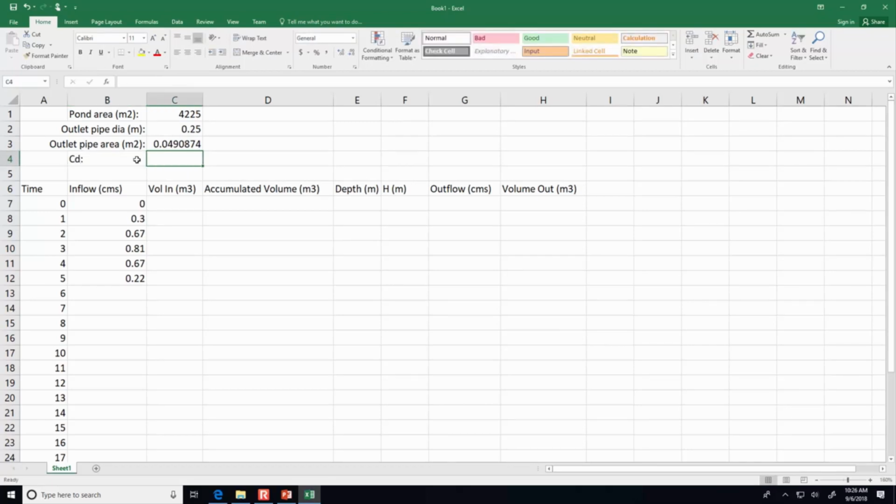That's related to energy losses as the water approaches that pipe outlet and goes through that pipe. And the C sub d that was given in the example sketch is 0.59. So we're going to use that when we calculate the outflow. Any questions so far on what we've got on screen?